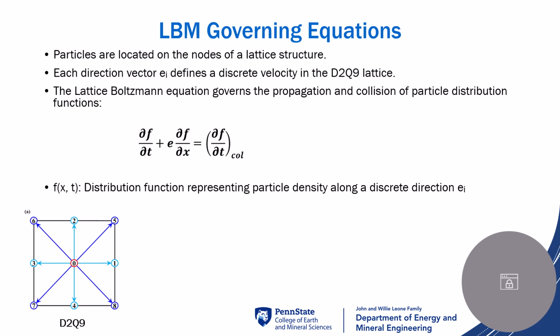Each distribution function, f(x,t), describes how many particles are moving in a particular direction at a point x and time t. Unlike macroscopic quantities like velocity or pressure, these functions operate at a finer directional level. They are the building blocks from which macroscopic fluid behavior eventually emerges.